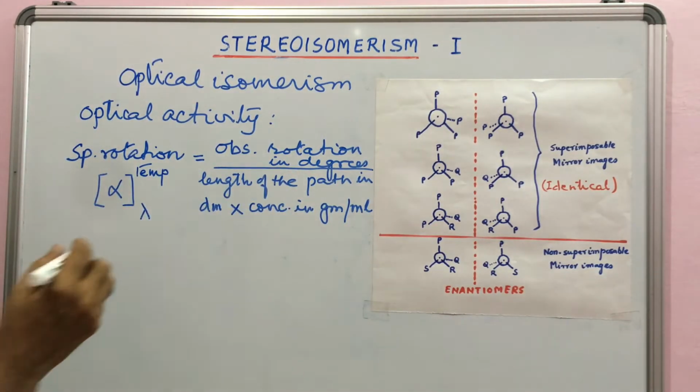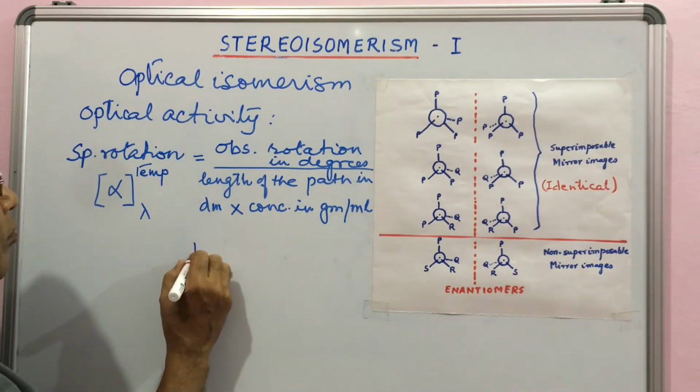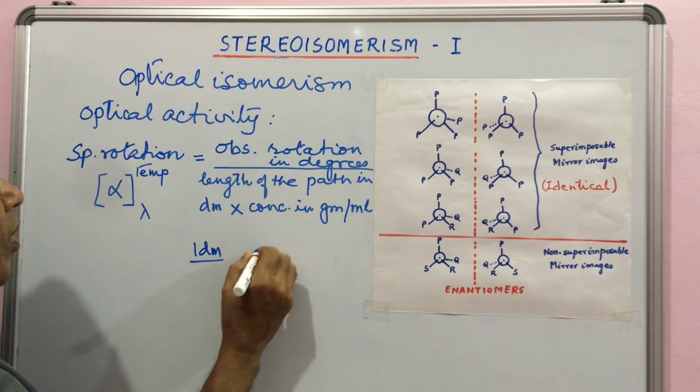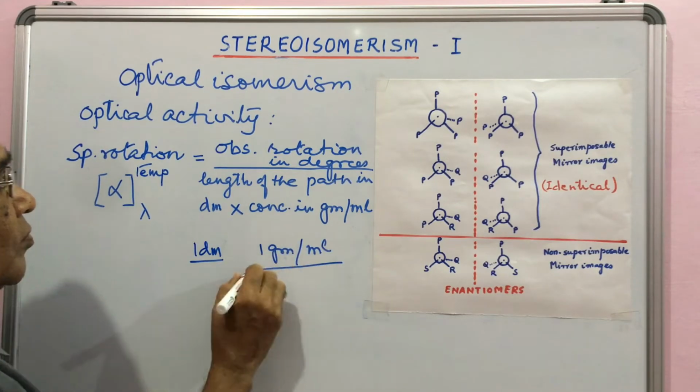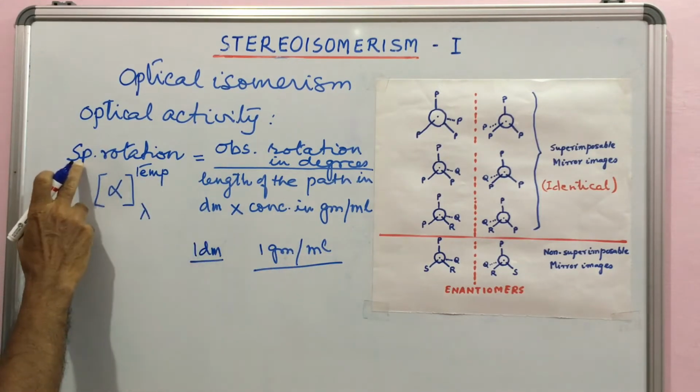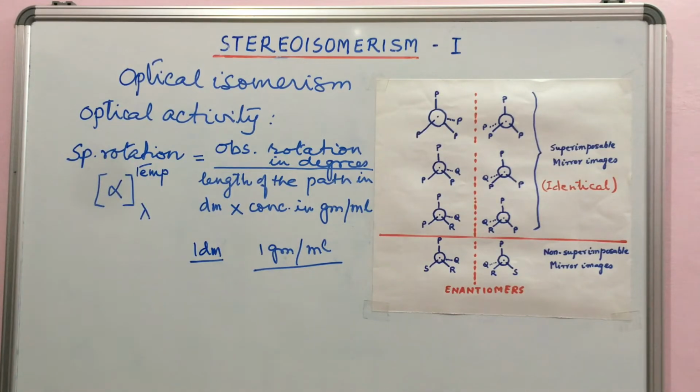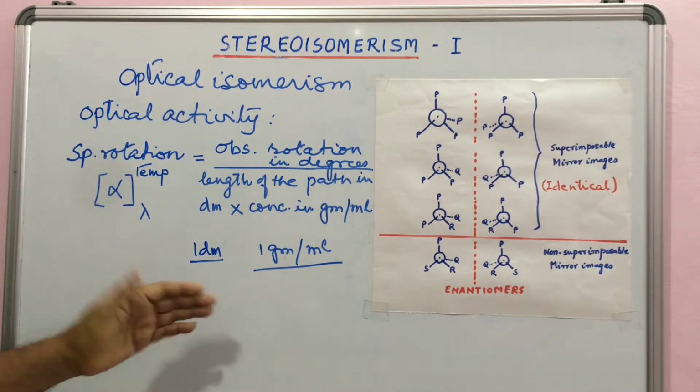If you take a 1 decimeter long tube and a 1 gram per ml concentration solution, the value obtained will be the specific rotation. It may be plus or minus.